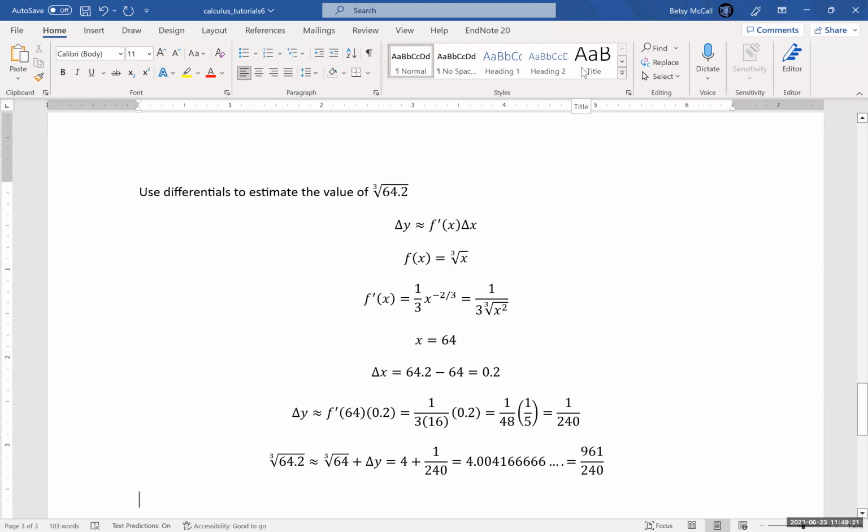Now, the only reason you should use your calculator is to verify that this approximation is about what you would expect it to be.